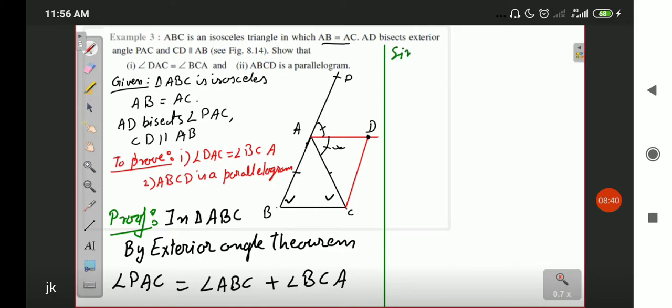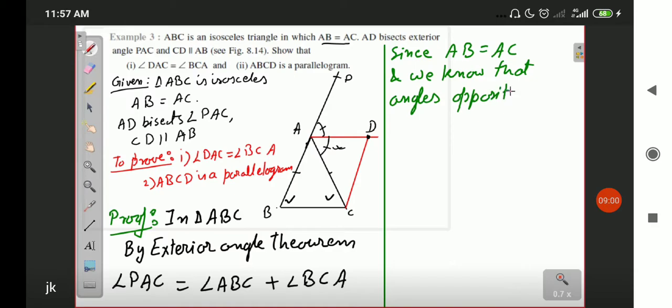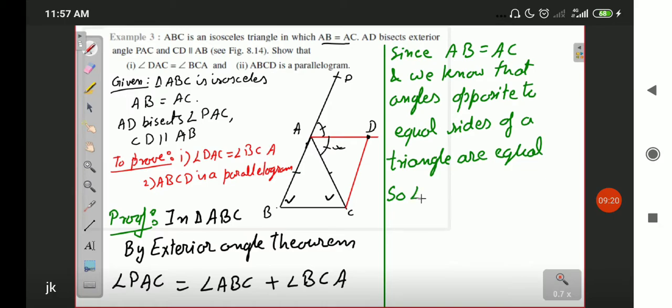Since AB is equal to AC, and we know that angles opposite to equal sides of a triangle are equal, angle ABC is equal to angle BCA, and I let both of them be equal to x.